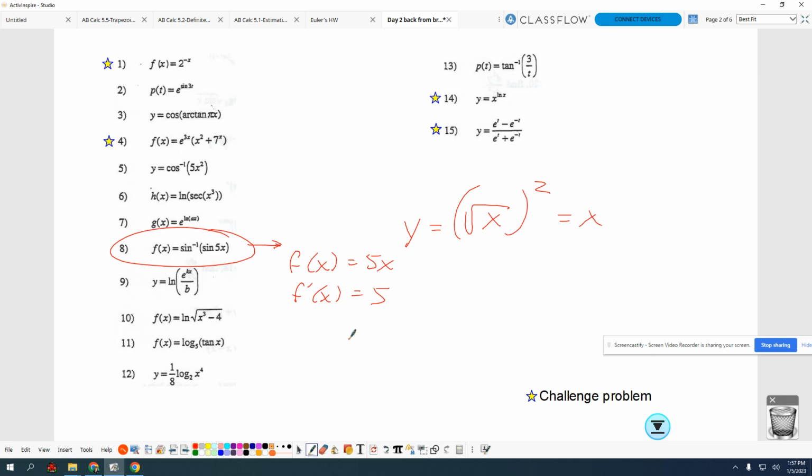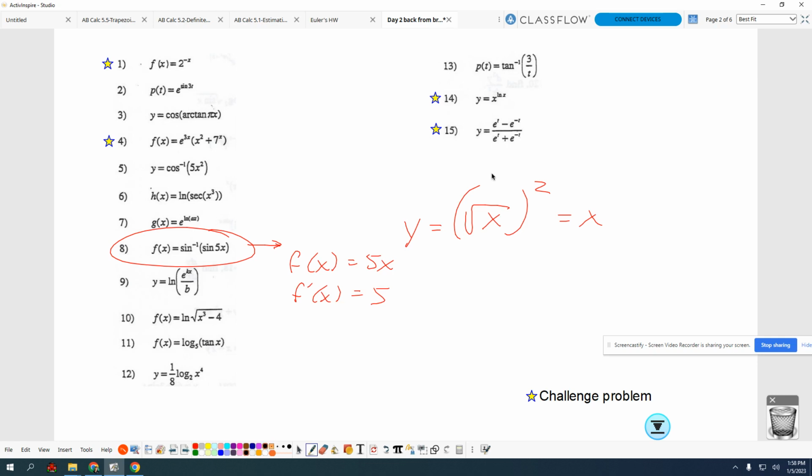Some of these are tricky to see how the simplifications happen, but this is why prerequisites were prerequisites. Can you do these simplifications using your algebra, your pre-calc, your trig? Because if you can, life is a lot easier.